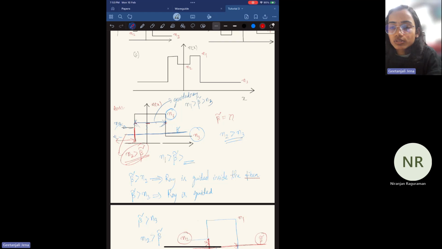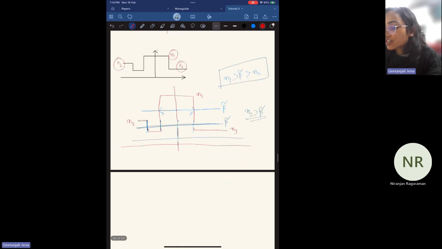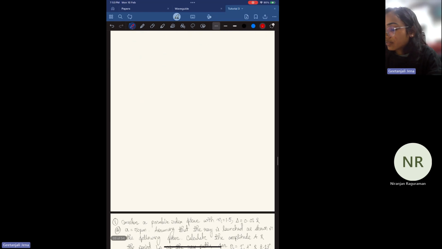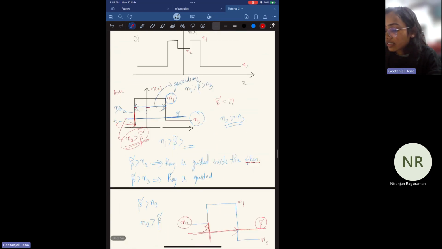I think this is clear to you. So you just need to identify the core region and using that you can find out the ray condition.